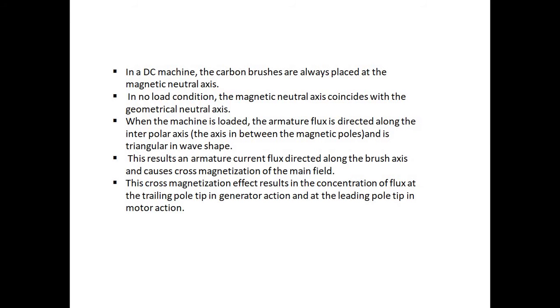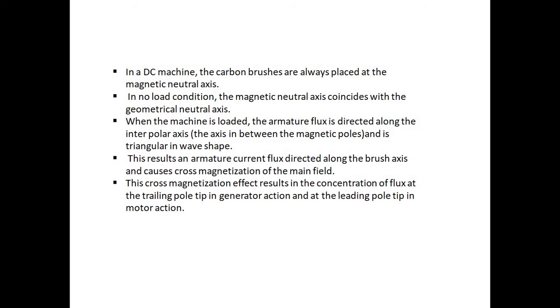In no load condition, the magnetic neutral axis coincides with the geometrical neutral axis. When the machine is loaded, the armature flux is directed along the interpole axis, the axis in between magnetic poles, and is triangular in wave shape.